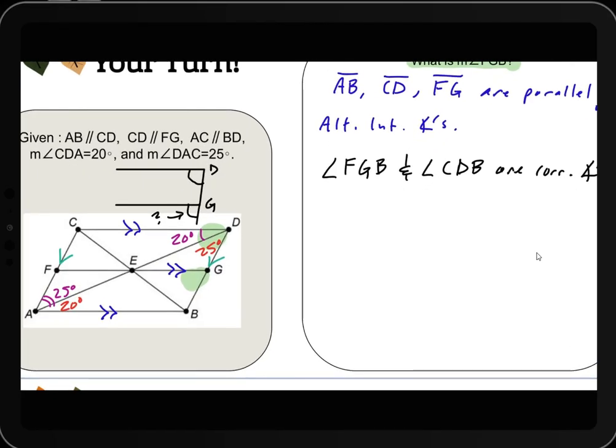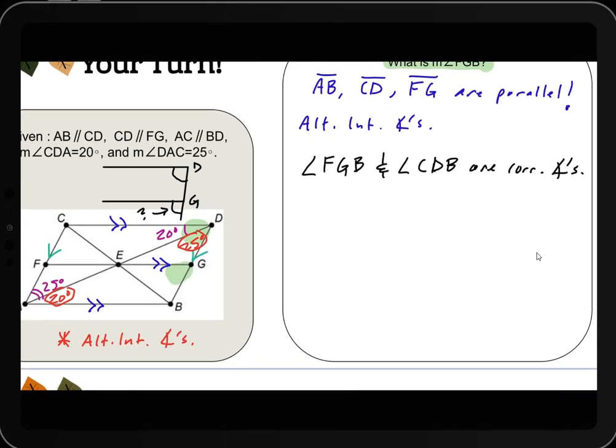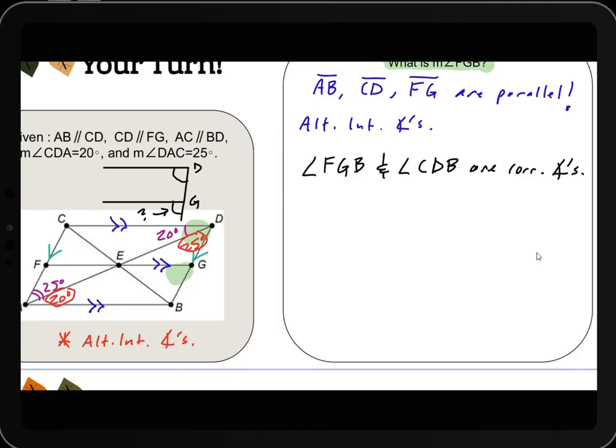So in red, I marked them as 20 degrees and 25 degrees. And we'll just mention that the reason for that is because those are alternate interior angles. Focusing on the angle up here, the one that we are saying is corresponding to the one we're looking for, we can write down the measure of that angle right away. The measure of angle CDB is going to equal 20 plus 25, and that's going to be a 45-degree angle.